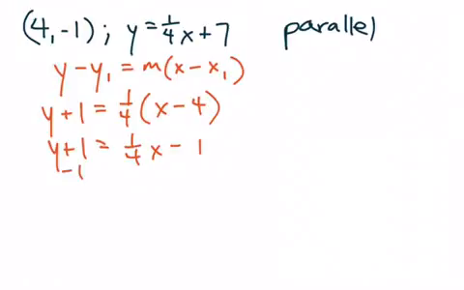So on this one, we isolate the y, we get -1, then we get y is equal to 1/4 x minus 2. So as we said before, of course, we know with our lines which are parallel, the slope is going to be exactly the same with parallel lines.